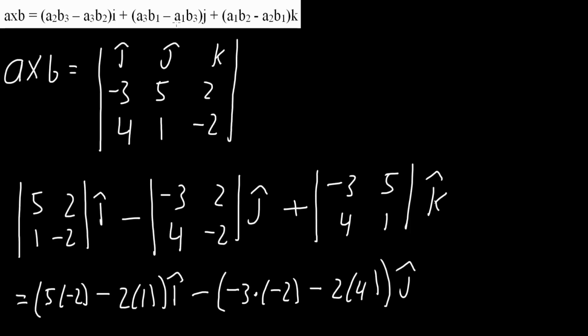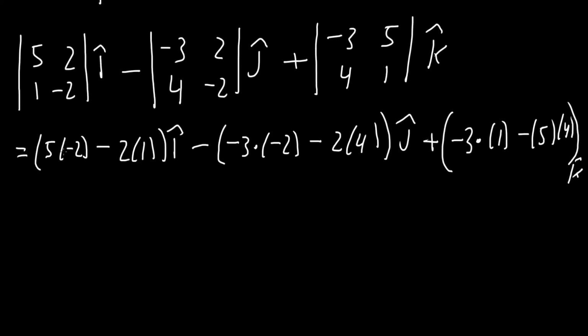Next, we have A1, B3. A1 is -3, and B3 is -2. So -3 and -2 would give us +6, but we have a negative in the front, so -6. Likewise, -3 times -2 minus, so we get -6. Plus K. And now we will do K. So -3 times 1 minus 5 times 4. And this will be K.